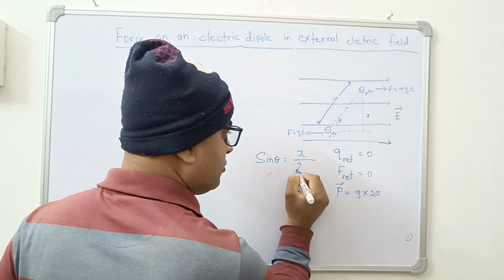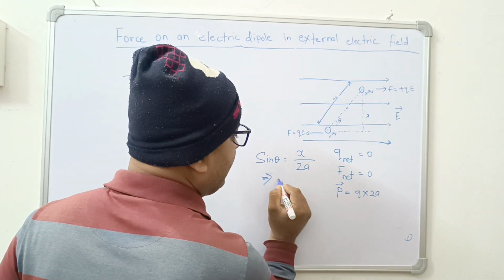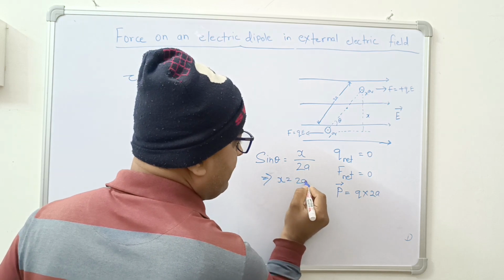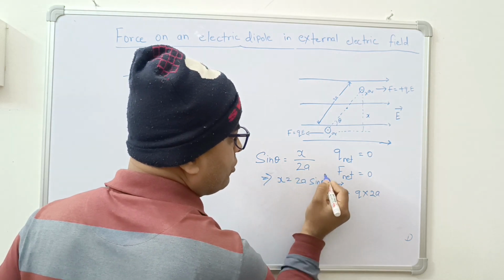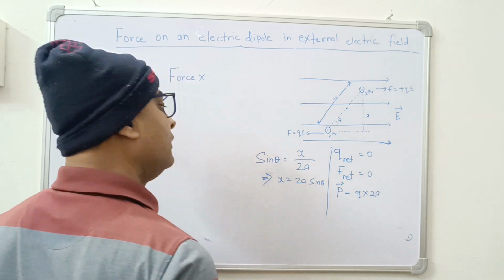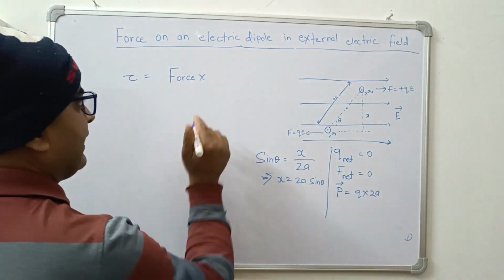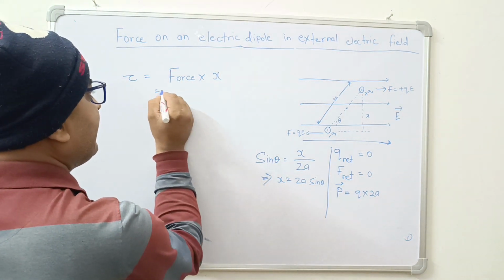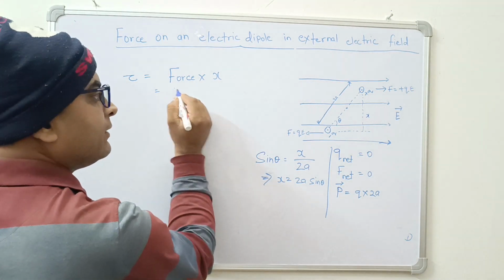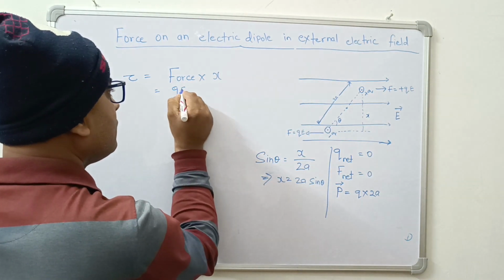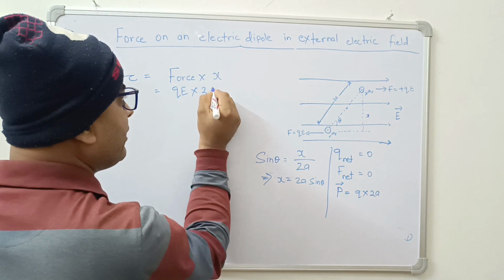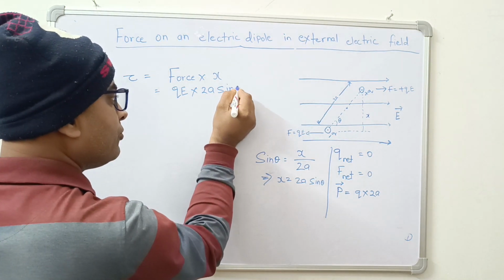So x equals 2a sine theta. Now the torque is force multiplied by x, and the force is nothing but qE, multiplied by 2a sine theta.